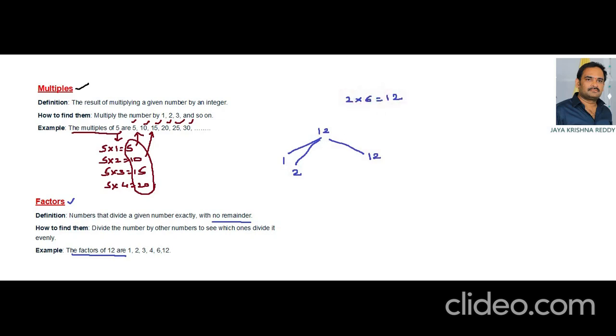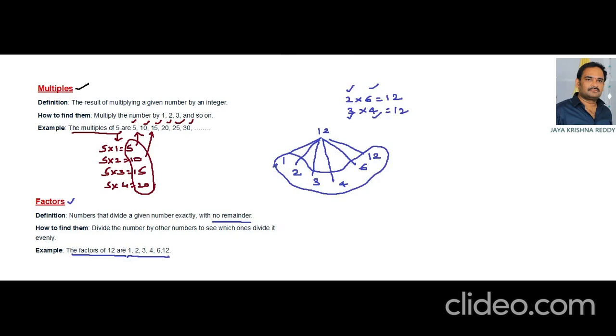So divisible by 2, at the same time also divisible by 6. And after 2, 3 table. 3 fours are 12. So 12 is divisible by 3 and at the same time also divisible by 4. So these are the factors of 12: 1, 2, 3, 4, 6 and 12.